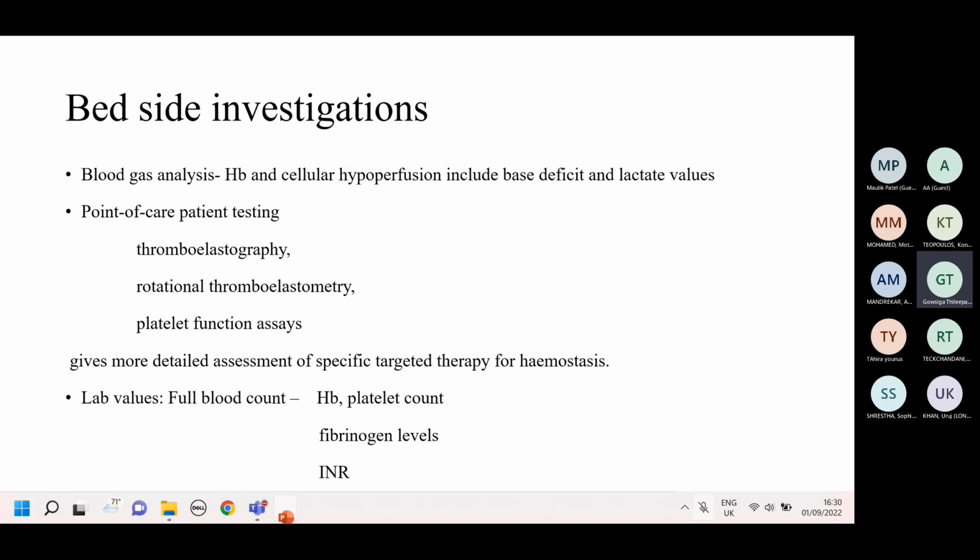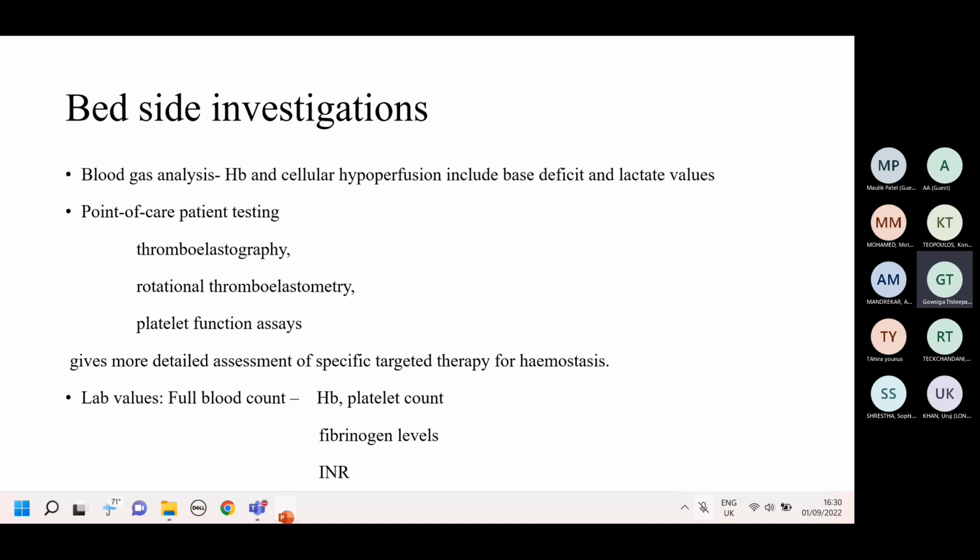And as you are aware, there is point of care testing, that is ROTEM, rotational thromboelastography, and platelet function assays. This is done in some hospitals, in ITU, and some theaters have it, or you can send to the blood bank or the hematology lab to get it done.